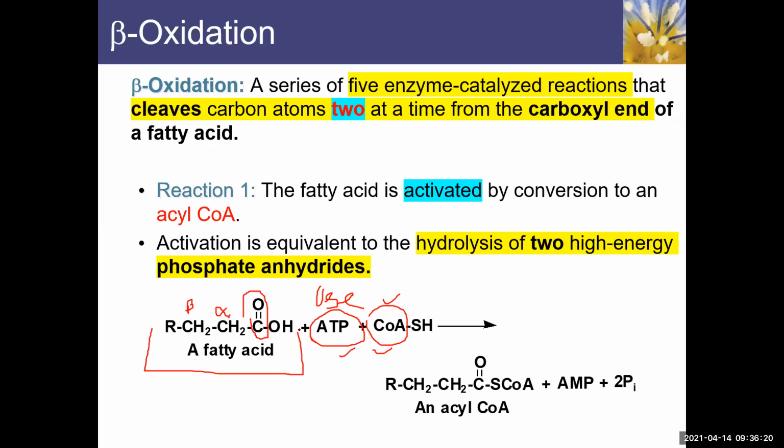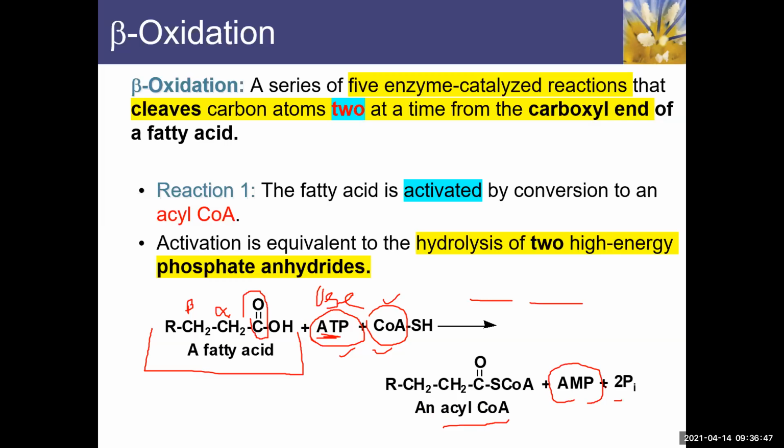Okay, so we use one ATP molecule. If you see here, we have used both the bonds of the ATP. That is why AMP was produced, right? ATP has two phosphoanhydride bonds. Both the anhydride bonds of the ATP were hydrolyzed to produce the acyl CoA.